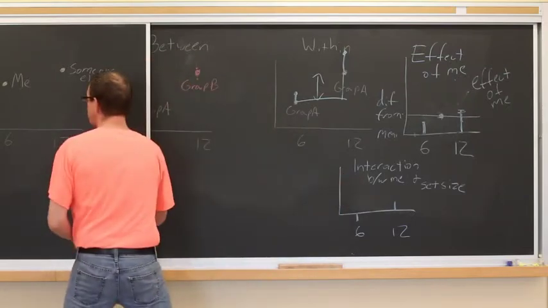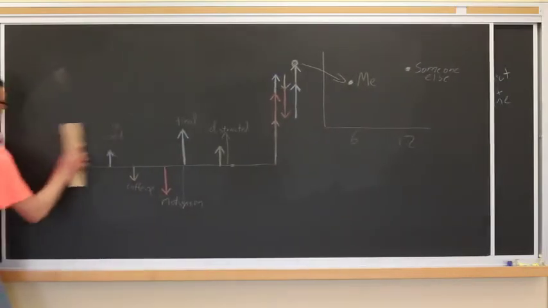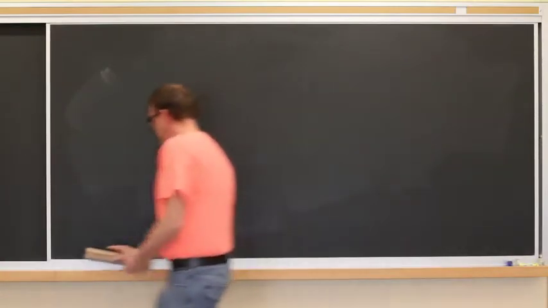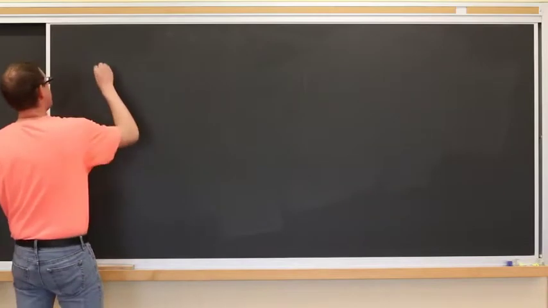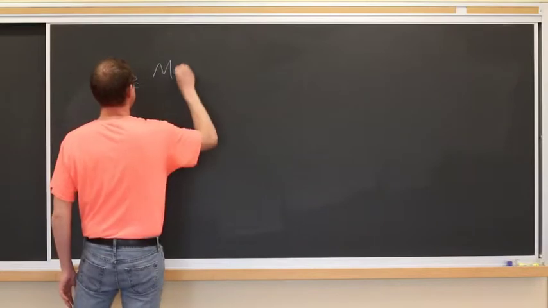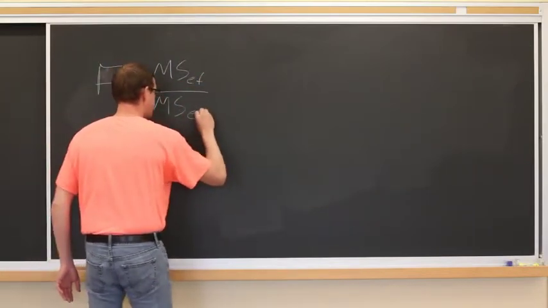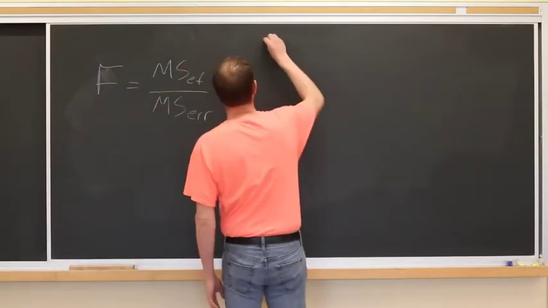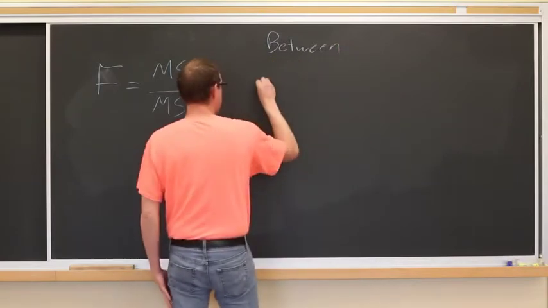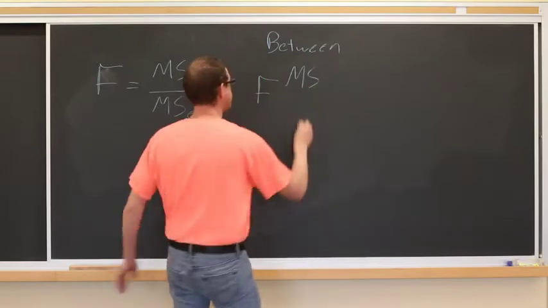So if you remember, when we were talking about ANOVAs, I said that the statistic we're going to use is the F statistic, and this is basically a mean squares effect over mean squared error. When we have a between subjects design, we are going to have something like this. Our mean squares, I'm working with the set sizes again.